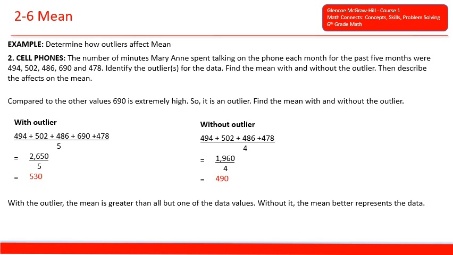So if you look at the 530 when we're using the outlier, that is higher. It says all but one, but the only one that's not lower is the outlier. The highest non-outlier value is 502, and 530 is higher than that. Notice that the 490 falls in between most of the data, so that is more accurate.